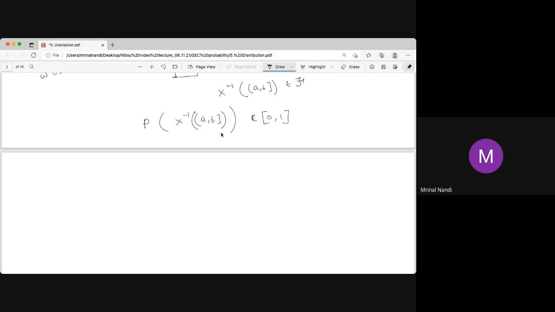Just think that for any intervals like that, the inverse image is an event. And if this sigma algebra is the power set of the sample space, which we sometimes take when the sample space is finite or countable, then every subset is an event, so this condition is trivially true, because the inverse image is in the sigma algebra.